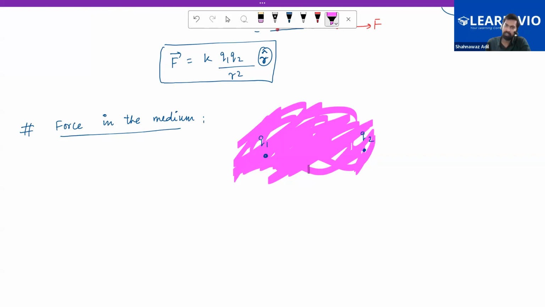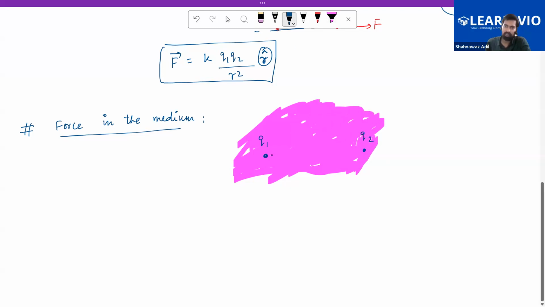Now, let's say this is R. Earlier the force was K, or let me write it as 1 by 4 pi, and this was Q1 Q2 divided by R square. Because this is a medium, instead of epsilon naught, this will become epsilon, where this epsilon is the permittivity of the medium.